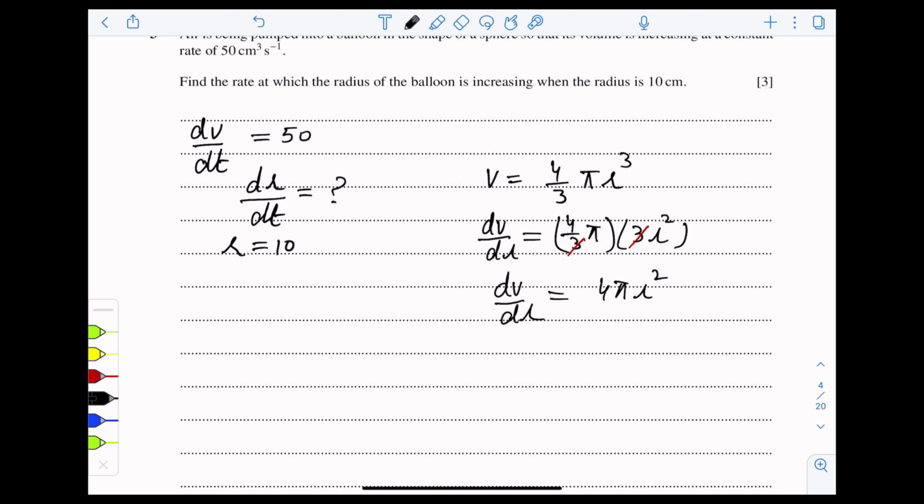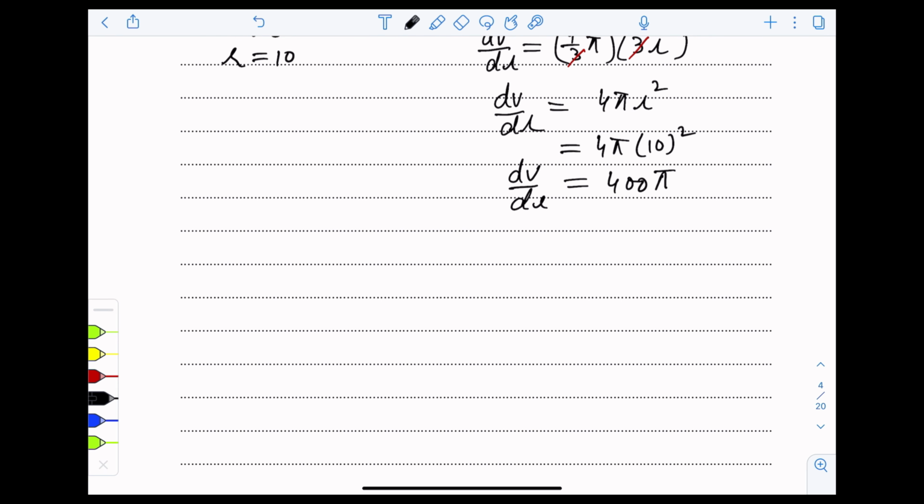So putting here the value of r, 4 pi 10 square, this becomes 400 pi. Do not put the value of pi here, let it stay as it is. Next we will use the chain rule here. In the chain rule in your syllabus there are 3 differentials. These are called differentials. dv over dr is equal to dv over dt into dt over dr. These are the differentials: dv over dr, dv over dt, dt over dr.